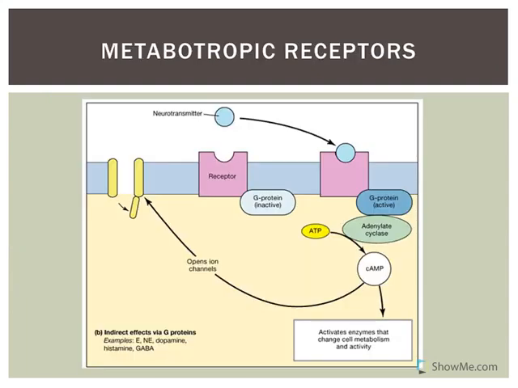Now the receptors for epinephrine and norepinephrine are examples of what we call metabotropic receptors. They are not ion channels, like the nicotinic receptor, which is an ion channel. The metabotropic receptors, the specific type we'll see with epinephrine and norepinephrine, are G protein coupled receptors.